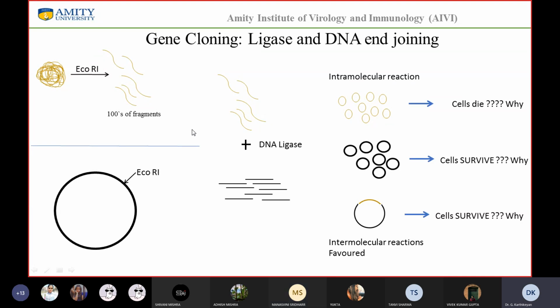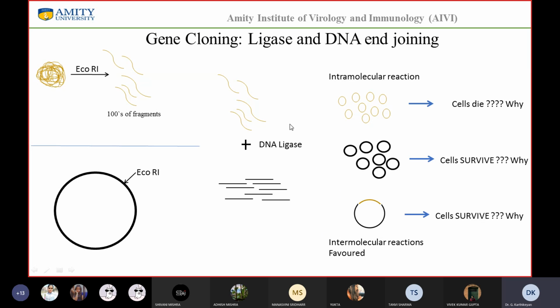When you do ligation, right, the ligase only looks at DNA. It doesn't say, oh, this is vector and this is my insert and I have to ligate these two, right? So typically when you add ligase, you have two kinds of reaction. One is called the intramolecular reaction and one is called the intermolecular reaction.